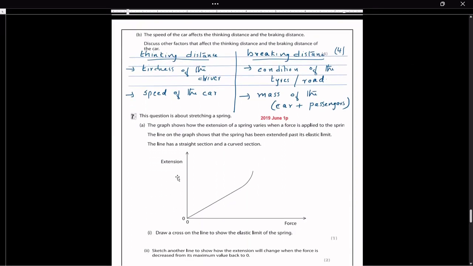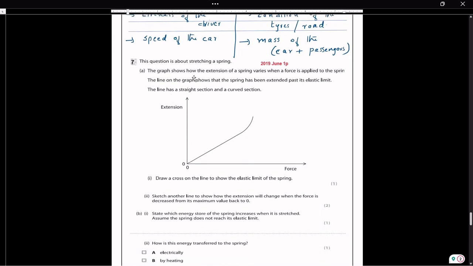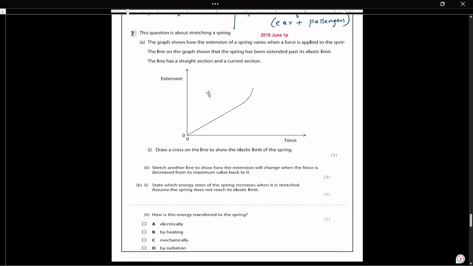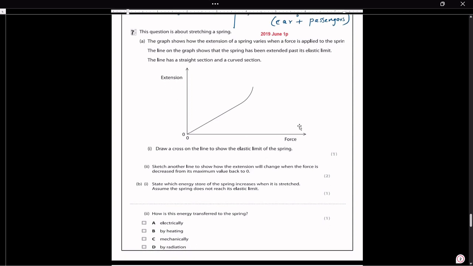Now the next question is about stretching a spring. So Hooke's law, extension, force, such things. Draw a cross on the line to show the elastic limit of the spring. Elastic limit means the straight line part. So use your ruler until where the straight line is coming. Use your ruler for this one.